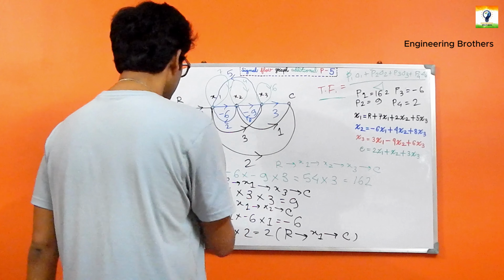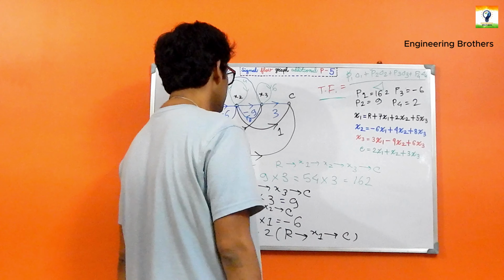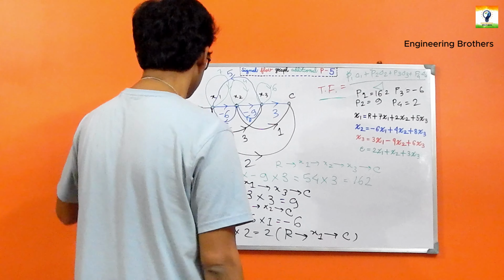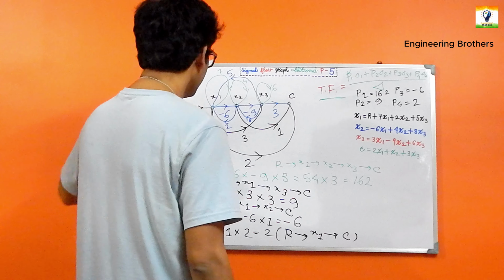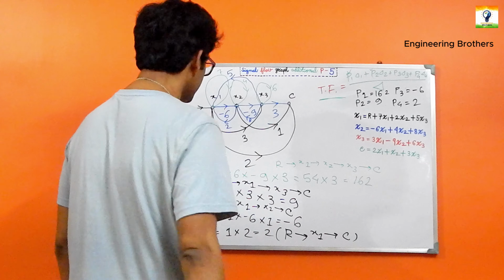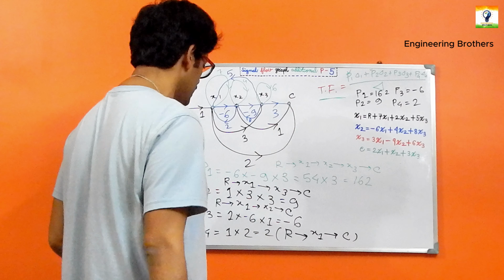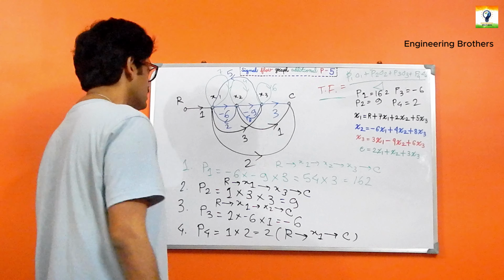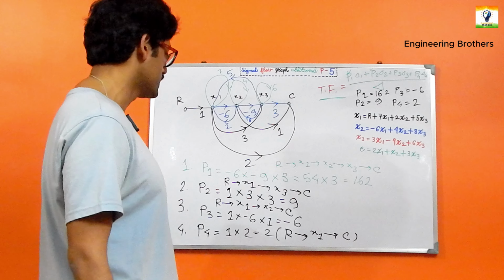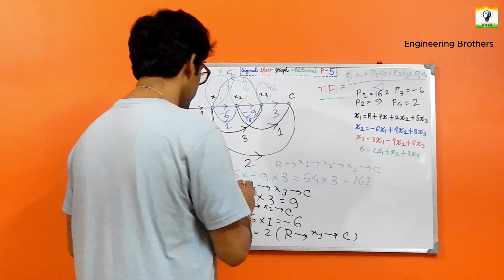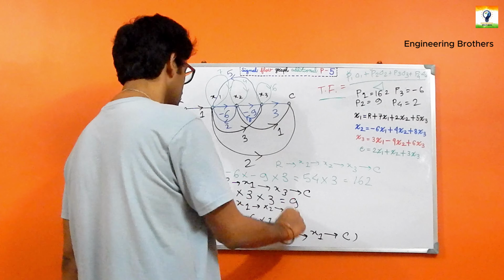In our next part, we have got P3, which is another forward path that starts from R to X1, then from X1 to X2, and then from X2 to C. Quite naturally, the gain for that path will be 1 multiplied by -6 multiplied by 1, which gives the resultant gain of -6.